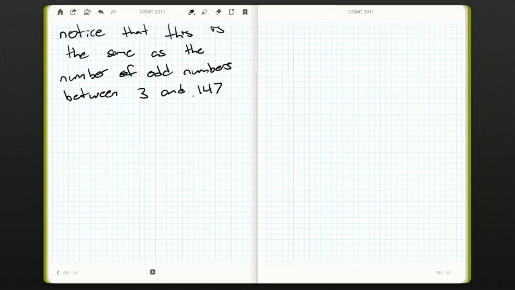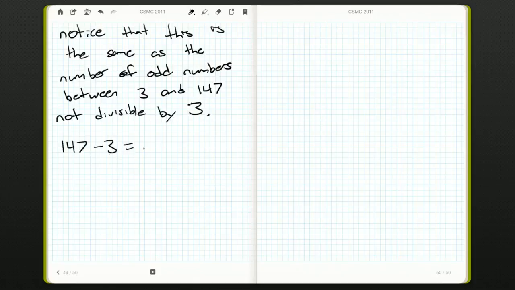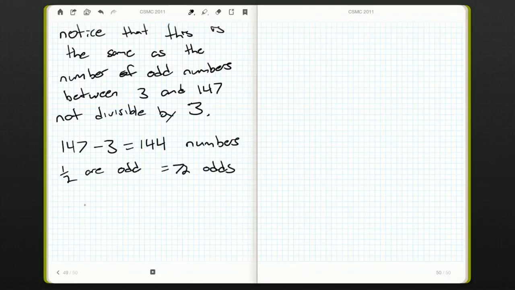It doesn't change my tally, but it certainly helps me count. So 147 minus 3, that's going to be 144 numbers. One half of them are odd, so that gives me 72 odd numbers.